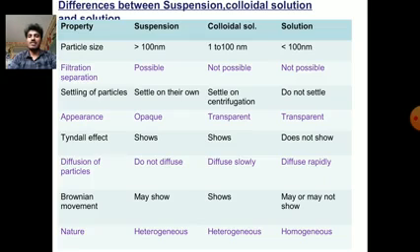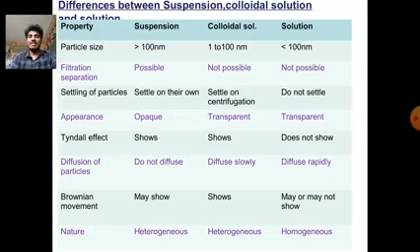The third property is the settling of particles. In suspension, they settle on their own. In colloidal solution, they settle on centrifugation. In solution, they do not settle down. The fourth property is appearance. Suspension is opaque, colloidal solution is transparent, and solution is transparent.